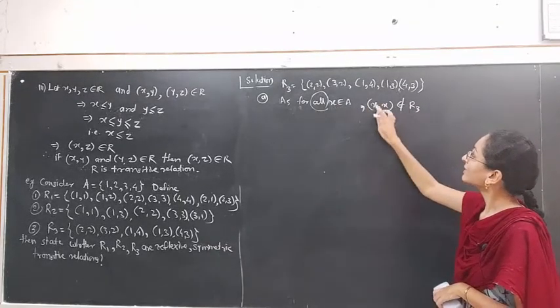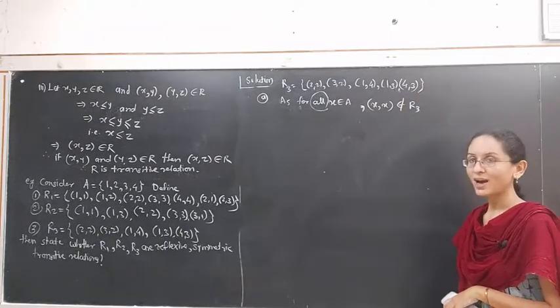If we take x equal to 3, then (3, 3) is not here. Also (4, 4) does not belong to R3.